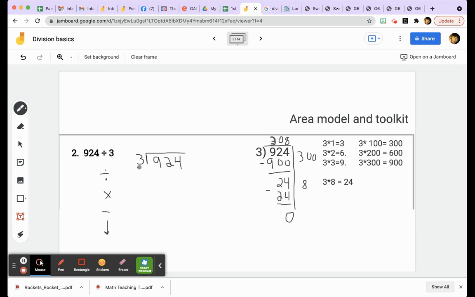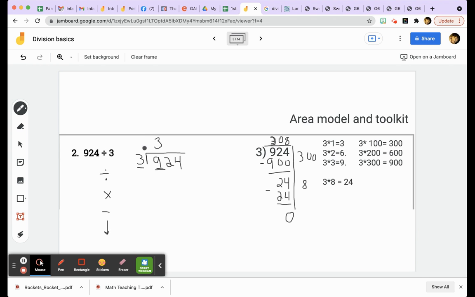I look at my divisor and I want to know how many equal groups of 3 will fit into 924. I have one number in my divisor, so I look at the first number in my dividend. 3 will go into 9 3 times. So I'm going to put a 3 in the quotient. I just divided.